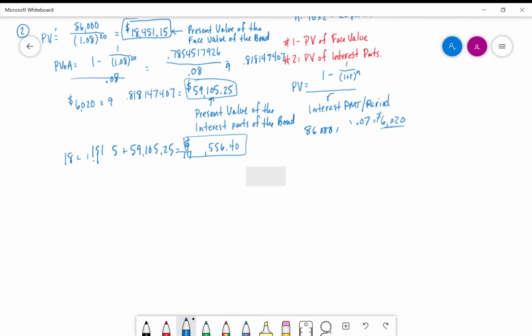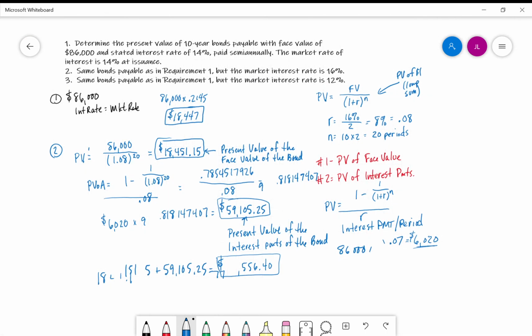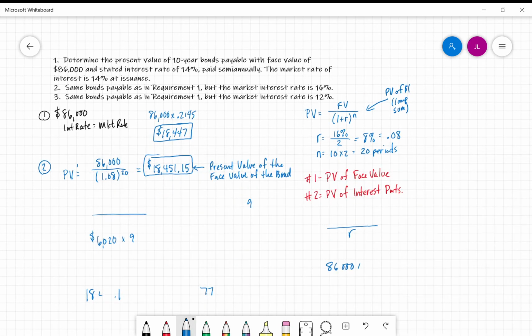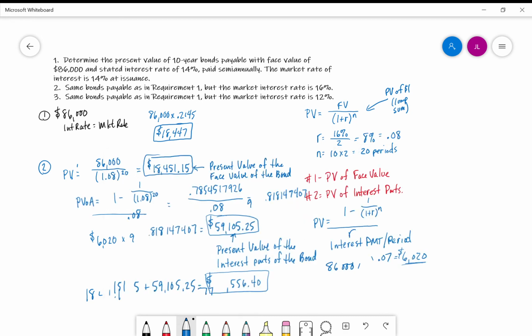Okay, now the last part of this problem says we have the same bonds payable. Another thing we can think about in this case is that given that we have the market rate of 16% and the bond at 14%, this bond should be issued at a discount.